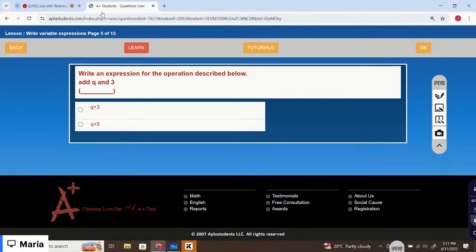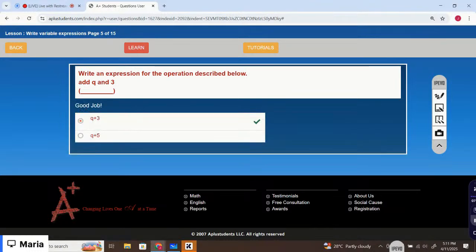Q and 3. Option number 1 is the correct option, that is Q plus 3.